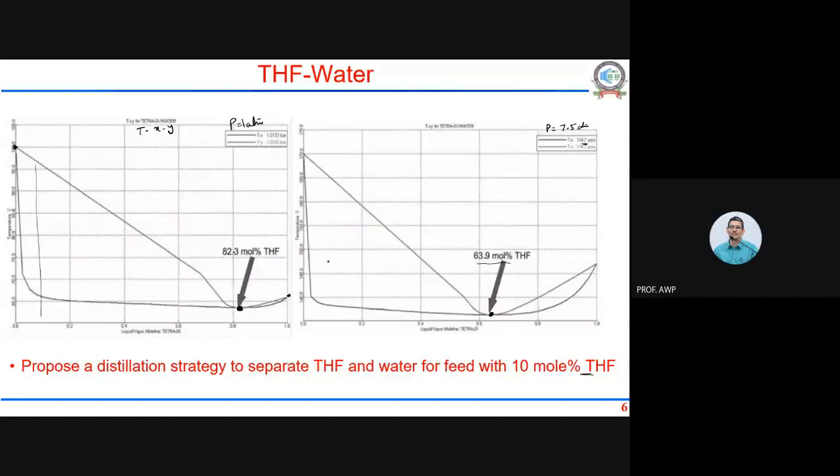pressure swing azeotropic distillation. I can have two columns, one operating at 1 atmosphere.